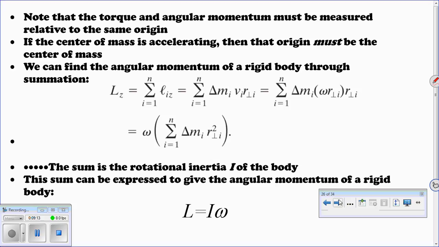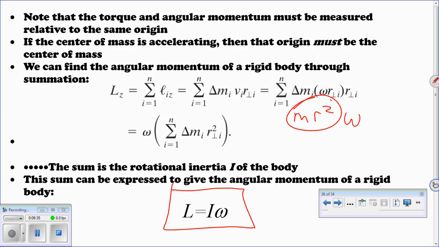So notice now I've got m times r squared times omega. But remember, mr squared is, and this is why I kept saying it doesn't really matter, mr squared is the rotational inertia of a particle. Okay? So, if I rewrite this as I, this is the only equation for angular momentum that I ever remember. L is I omega.